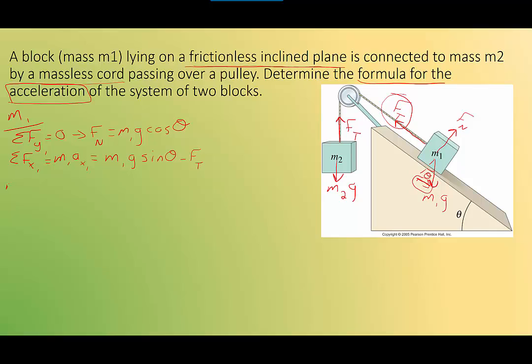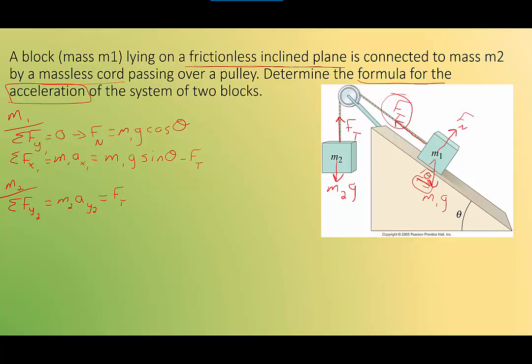Similarly, we can look at m2 and say there is nothing going on in the x direction, so we can ignore that completely. So the sum of the forces in the y direction are not going to be 0 either. They are also going to be equal to ma, and it's just the difference of the two forces acting on it.